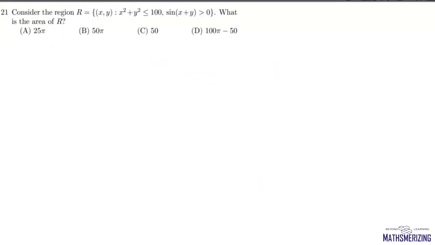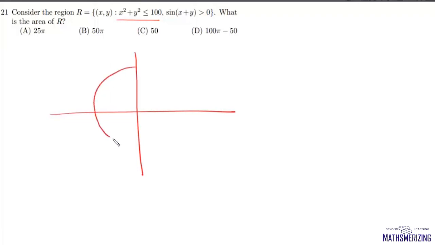Now question number 21 is, consider the region R where x square plus y square is less than or equal to 100. So it represents a circle whose center is at the origin and radius is 10 units. So this is 10, center at 0 and this is also 10. And then we have this condition that sin(x plus y) is greater than 0.